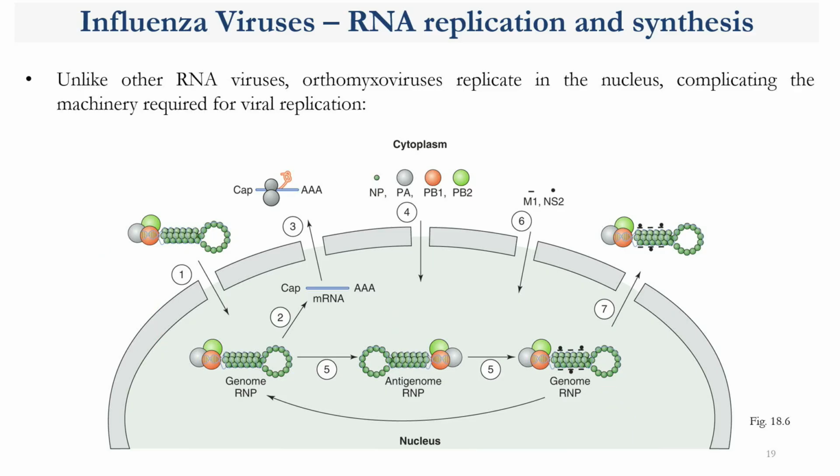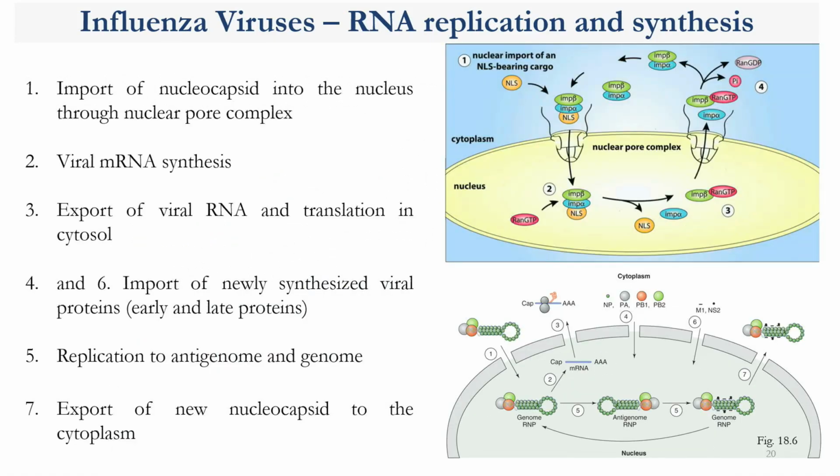But to do this, you need to send mRNA out, synthesize proteins in the cytosol, bring those in, and then send the whole fragment that's fully assembled outside the nucleus. Okay? So it's a fairly complicated process. What we are going to do is go through this step by step. But before we do that, let's look at importation of this into the nucleus.